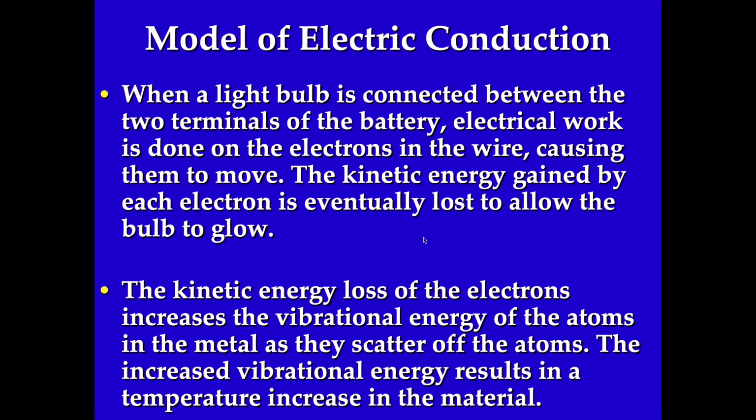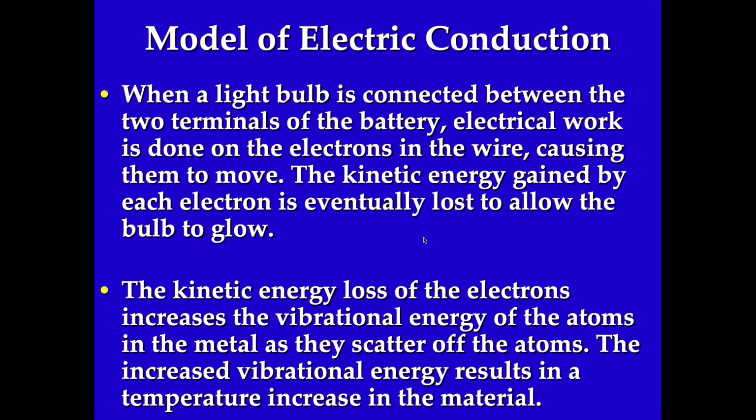So if you ever use a high current device, like a drill or a vacuum cleaner, anything that uses a lot of current, you can feel that the wire gets warm after using it for a while. That's because the electrons are dumping their energy into the material.